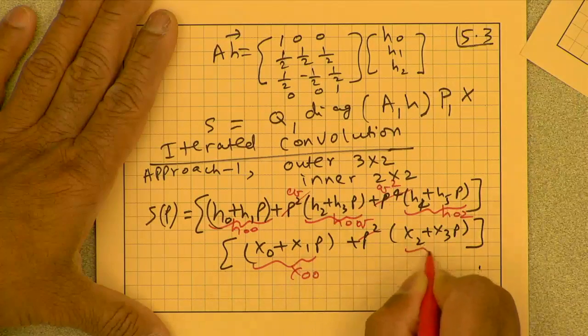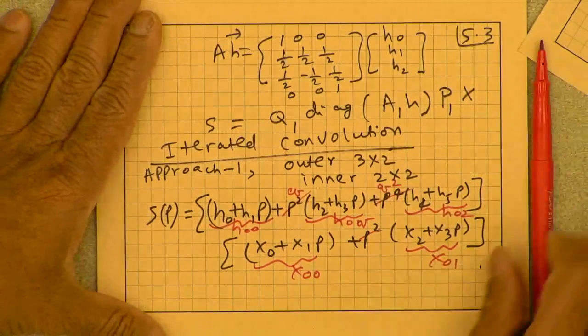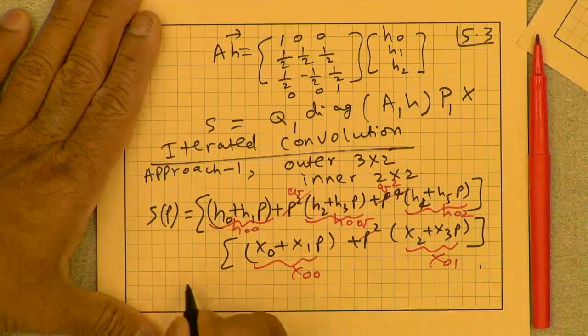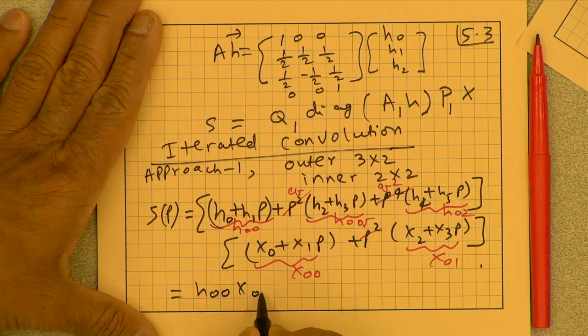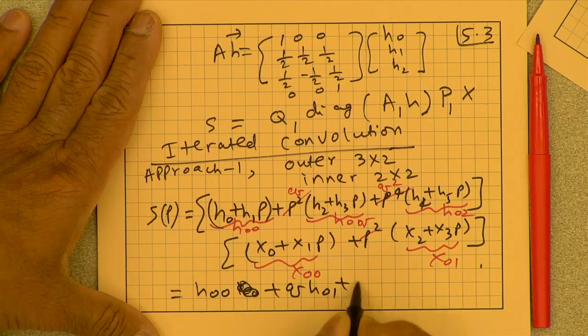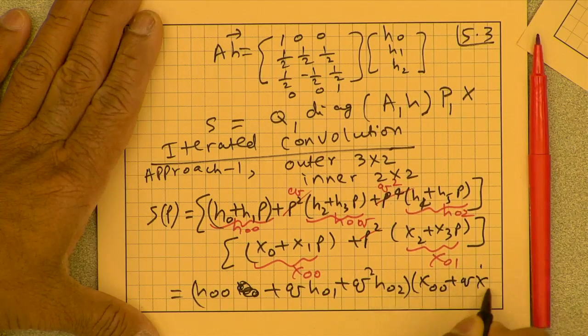X00, X01. So now it exactly looks like a 3 by 2 convolution at the outer level. So I can now write this as H00 plus Q times H01 plus Q squared times H02, times X00 plus Q times X01.